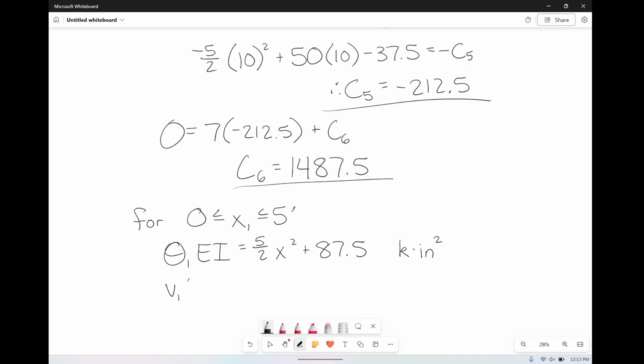Then we have our deflection 1 times EI, our flexural rigidity, and we're going to get 5 divided by 6 times x cubed plus 87.5x plus C2. C2 is 0. Again, when you integrate in terms of x being the length, you're going to get kip inches cubed.